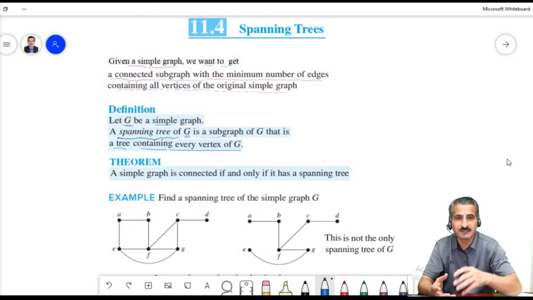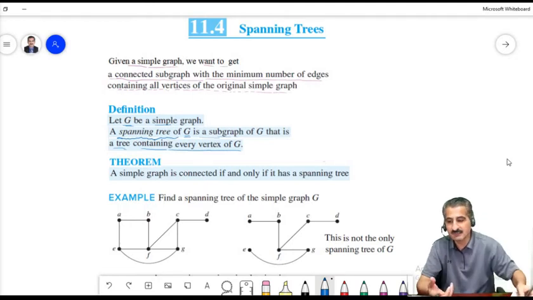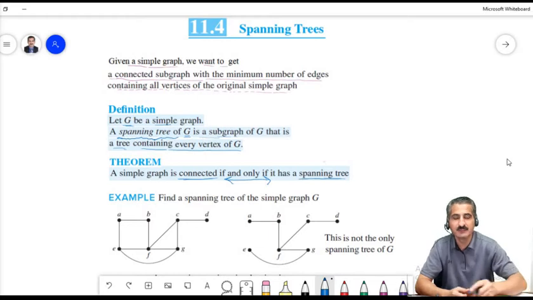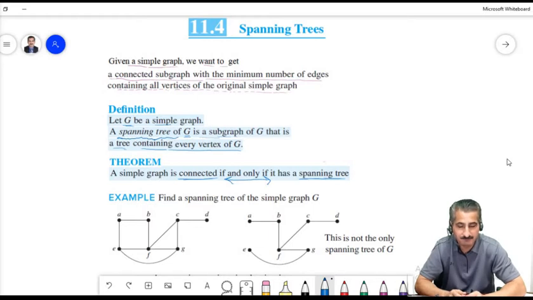Can we find a spanning tree for it? The answer is in this theorem. It says only for connected graphs. A simple graph is connected if and only if it has spanning trees. So the graphs that we can get spanning trees for are connected graphs.